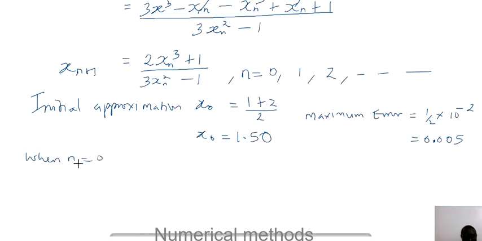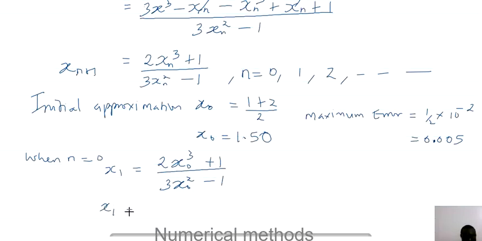When n is equal to 0, put here 0, we shall have a better root as x_1, being equal to 2 x_0 power 3 plus 1 divided by 3 x_0 power 2 minus 1. But what is our x_0? Our x_0 is now 1.50. So I'm going to substitute here to get x_1.